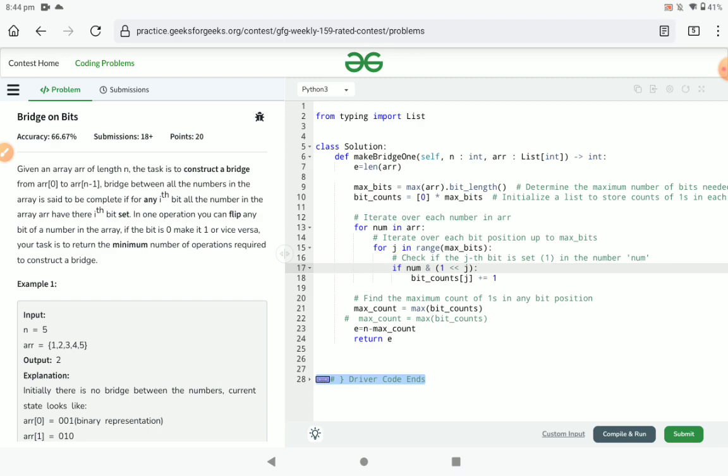Then we will find the maximum bit count, which means the maximum of the bit counts.